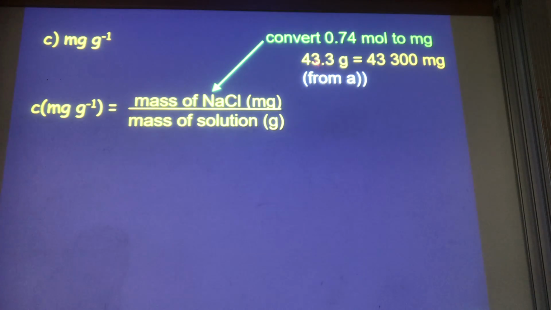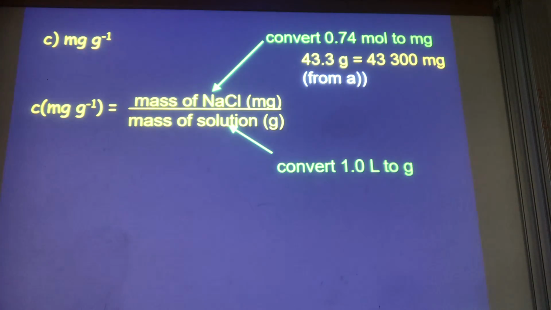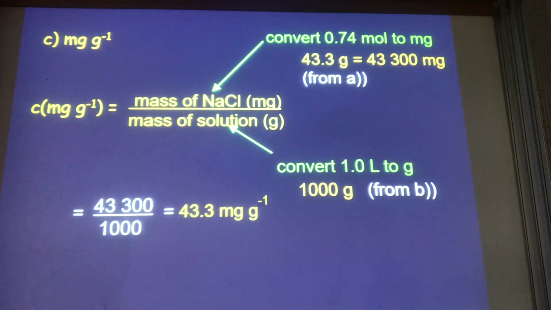So we already know that 0.74 moles is 43.3 grams. So what are we going to do? Turn it into milligrams, times 1,000. Then we've already got grams of solution. We turned 1 litre into grams previously. We know it's 1,000. Okay. All we need to do is divide. 43.3 milligrams per gram.